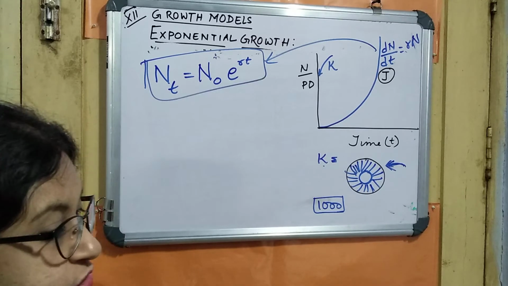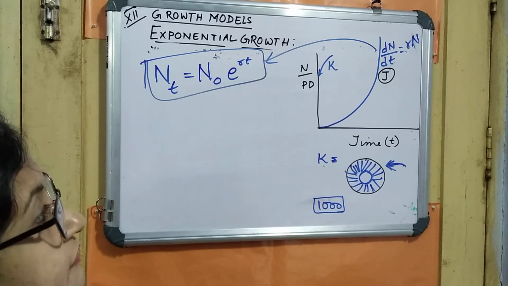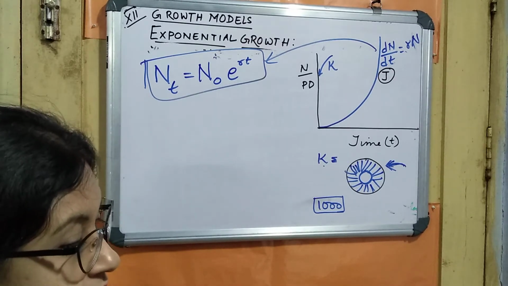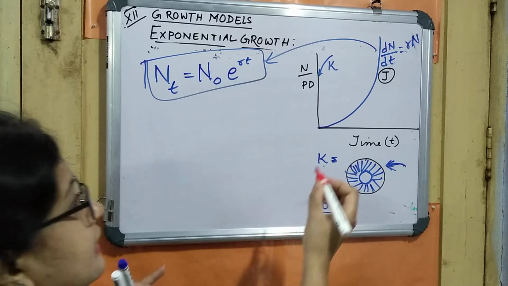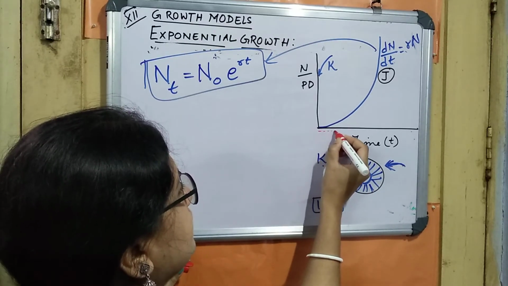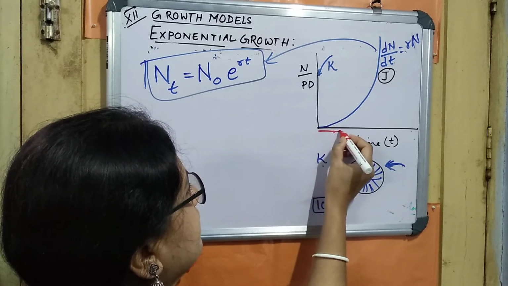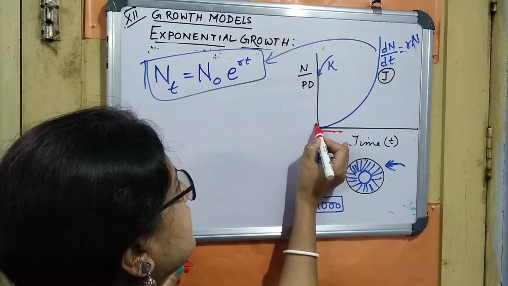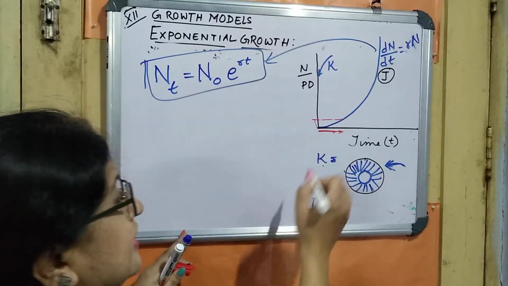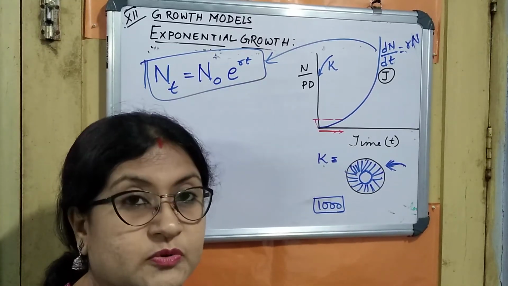Now, this pattern of graphical representation actually shows three phases. So let us first find out what the three phases in this graph are. First one is the lag phase. Suppose you take over here, the time is becoming more, but when the time is traveling to become more, there is very little in this population, right? That means it has to have some time for the particular population to adjust with the surroundings.